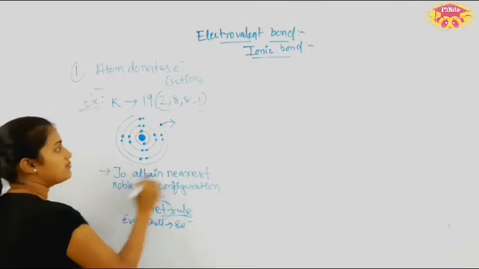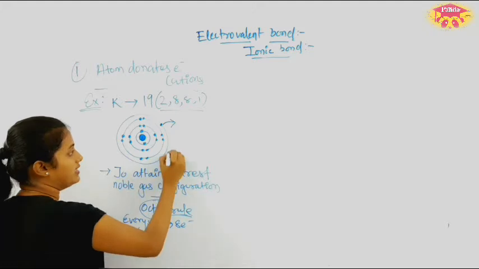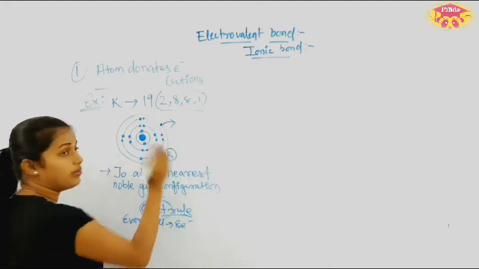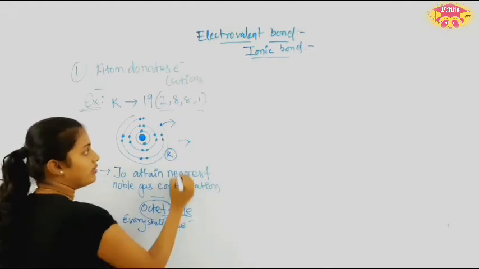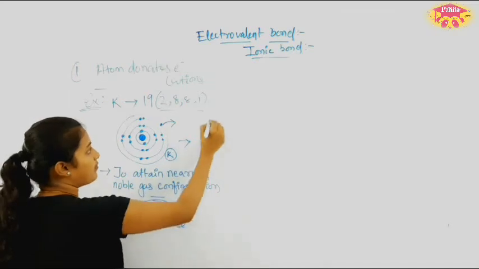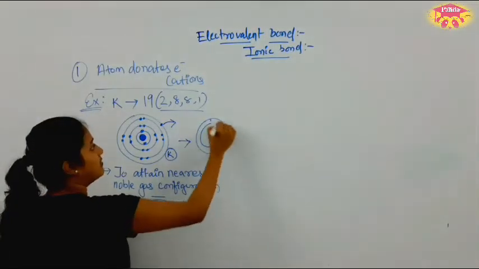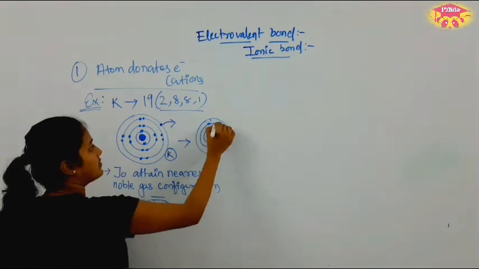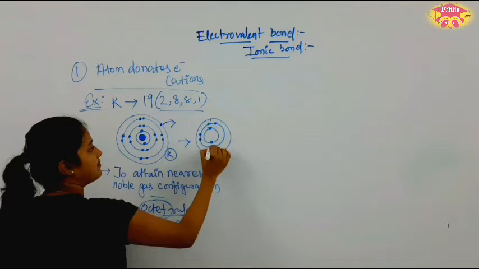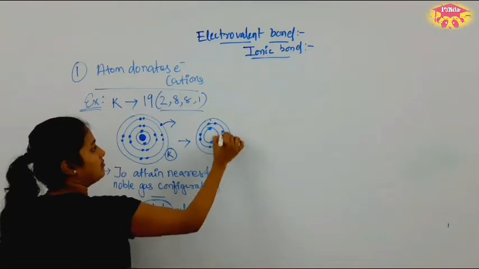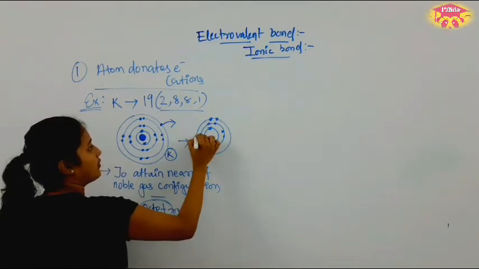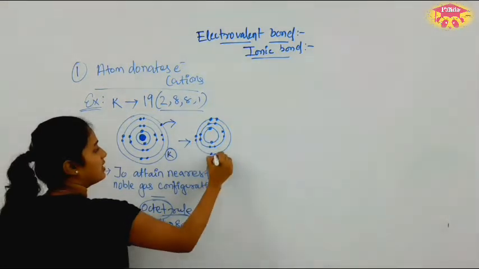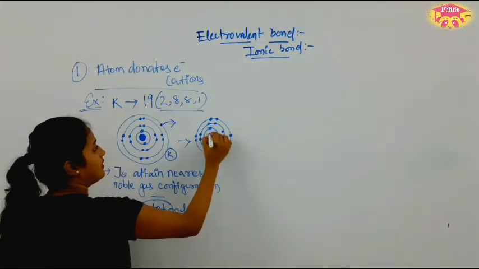Now this potassium atom donates 1 electron. When it donates 1 electron, students, the structure becomes this, because it donated 1 electron present in the outermost shell.